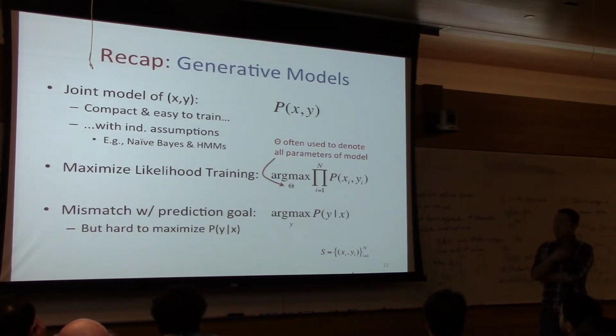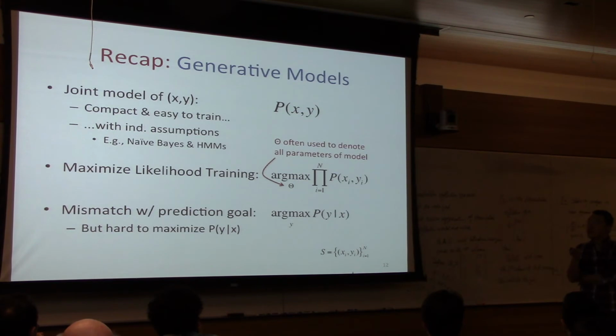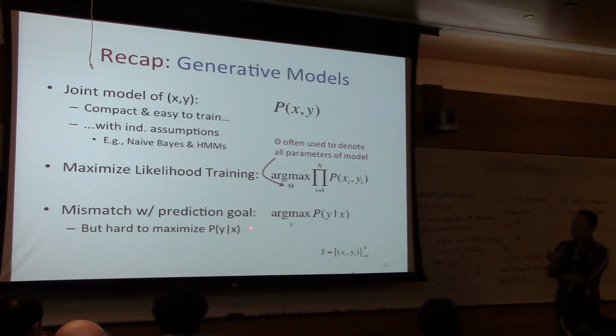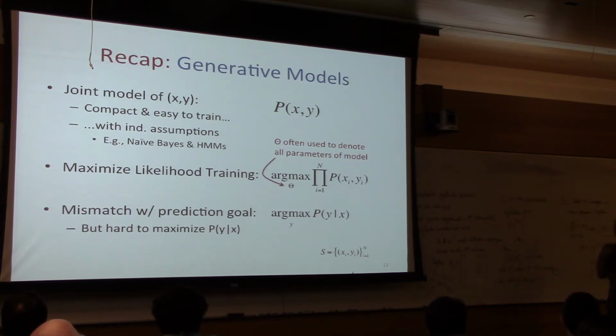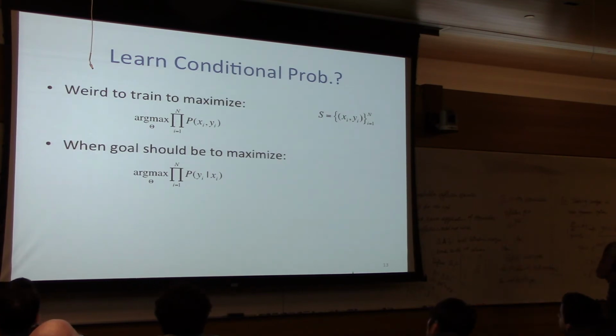Right? So maybe we should actually train a model to maximize this instead of this, right? Wouldn't it be great to make our training criterion maximize the conditional probability of the training set, conditioned on the X's in the training set, rather than the joint probability? Right.